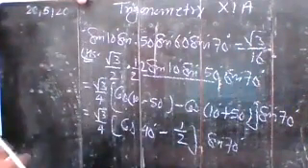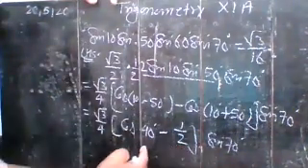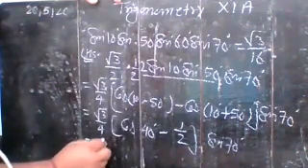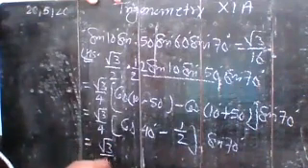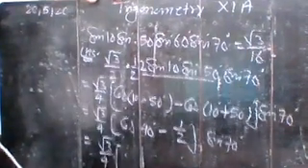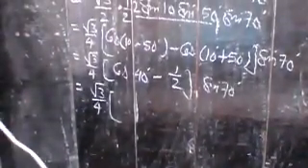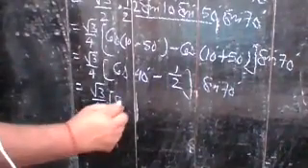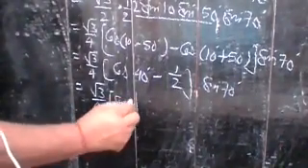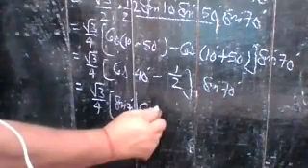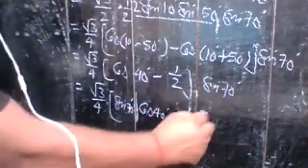Now multiplying each term by sine 70, you have root 3 by 4 into sine 70 degree cos 40 degree minus 1 by 2 sine 70 degree.